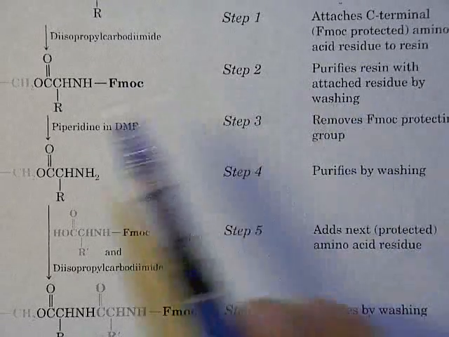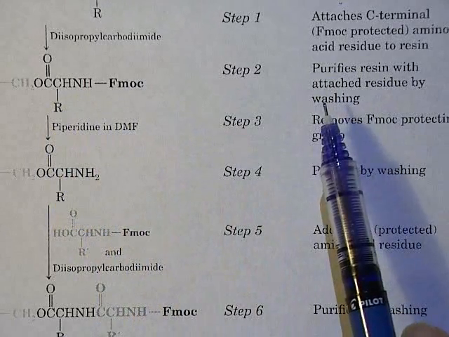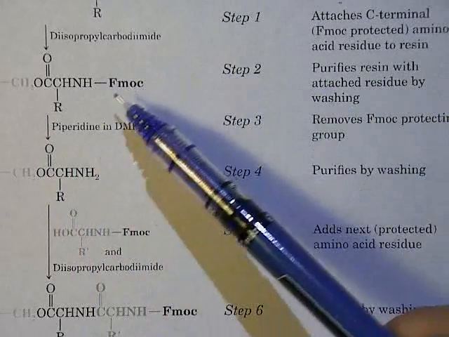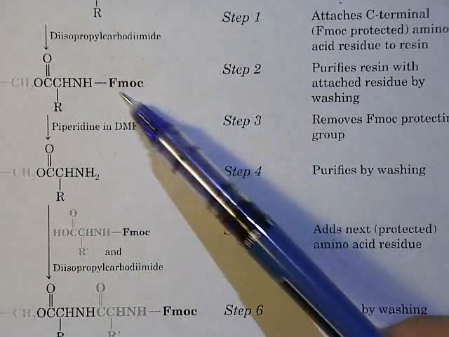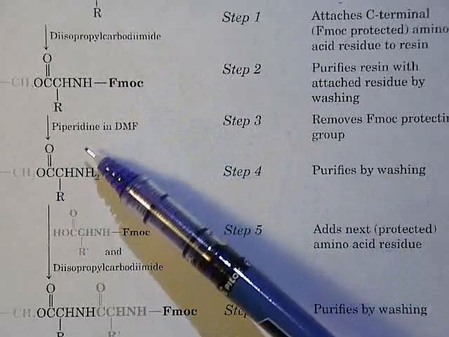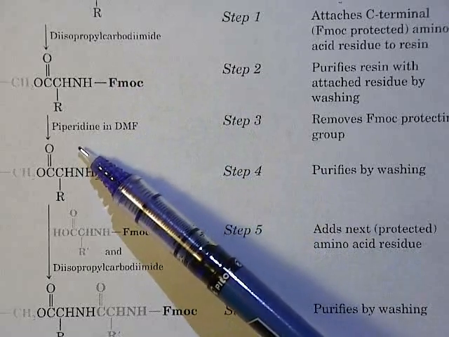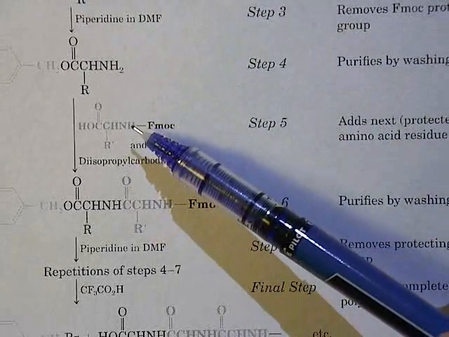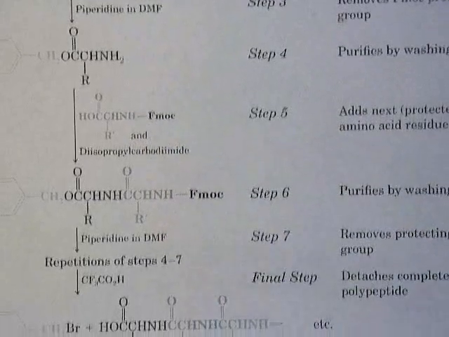All right, so after you attach it, you rinse it. All the other stuff that's not attached gets removed, like the protecting group, and then the solvents that have the reagents in it, everything is removed, right? And then you add the next one, and then you do the same thing and same thing and same thing.